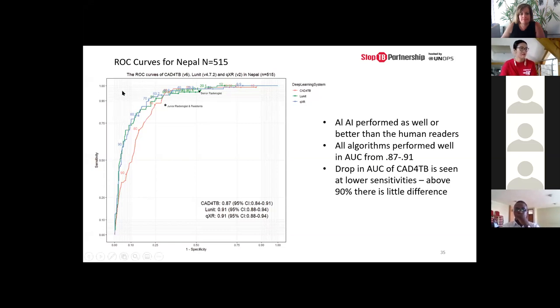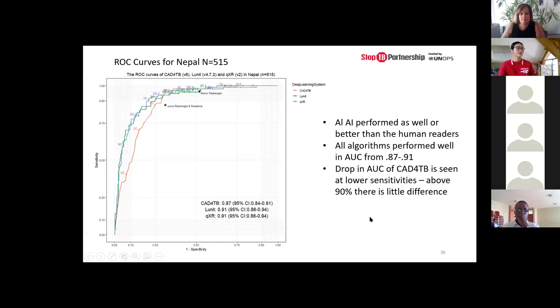And you can see that this is data from Nepal, all of the 3 that we looked at, CAD4TB, Lunit, and qXR, performed reasonably well, from 87 to 91 in terms of AUC. And there was no statistical difference between them.